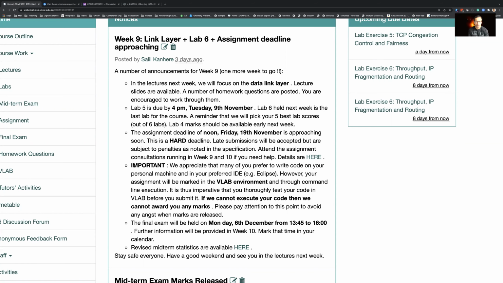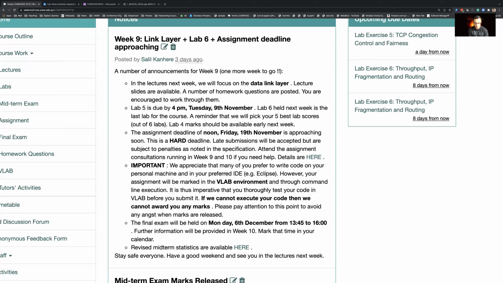Another very important note: we understand a lot of you will be writing your code on your own machine, which is perfectly fine. However, remember that we can't test your code on your machine. We can only test it on a common platform, which is essentially the CSE server platform.